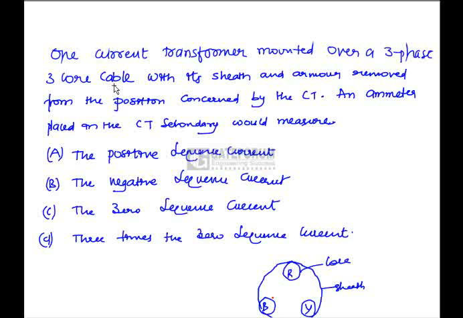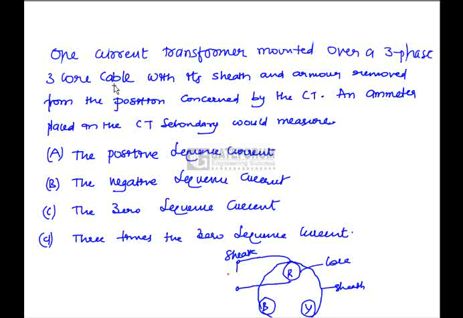You have a 3-core cable and he connected one current transformer between a sheath and armor. Let us take it for R phase. This is the sheath, and armor will be on the surface of the core.